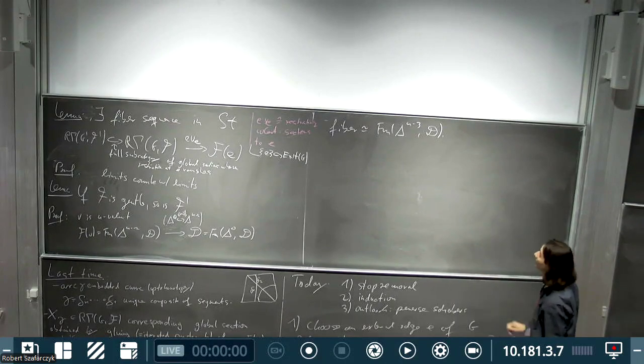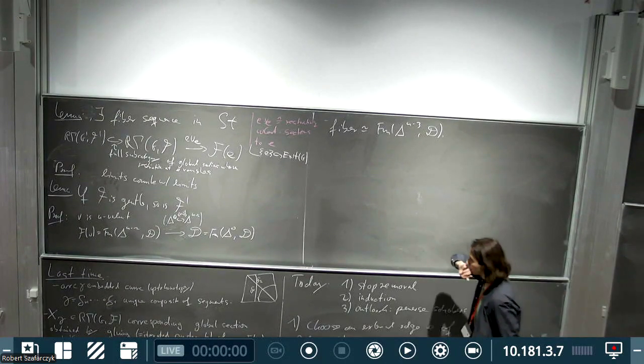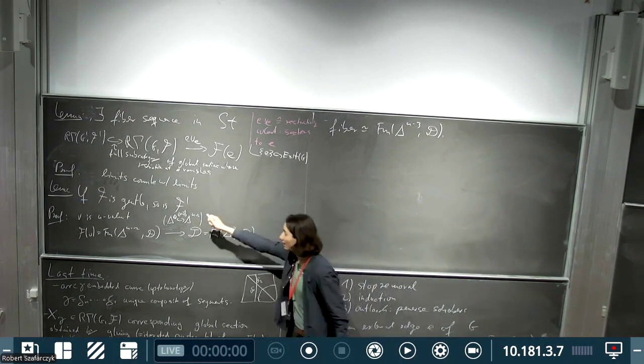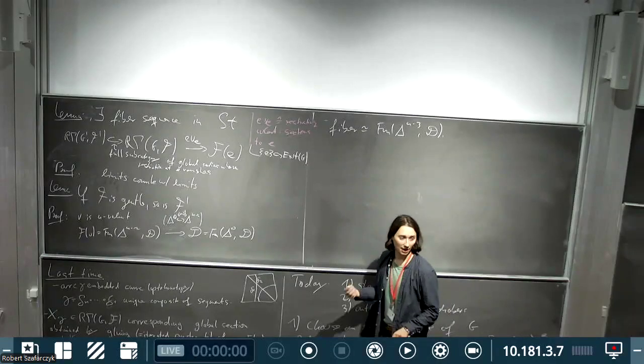Okay, and this is somehow the computation that F' is gentle at the vertex. Of course, you also have to compute the restriction maps, but this is an exercise.